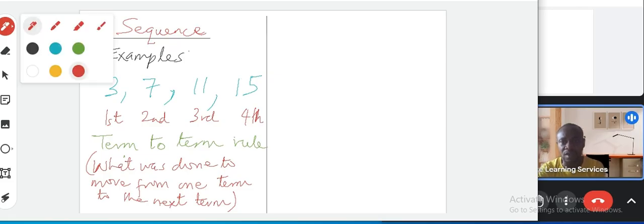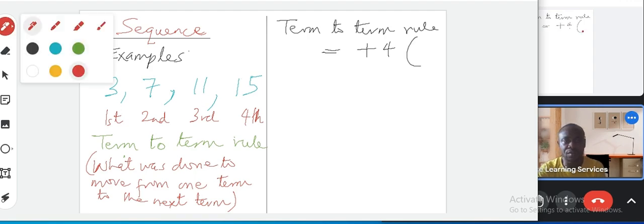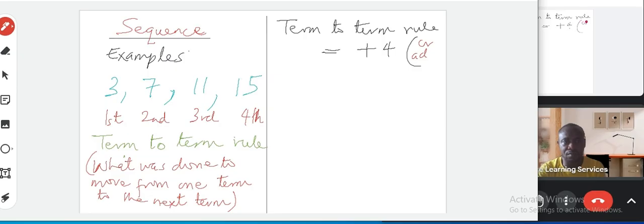So the term to term rule for that particular sequence is plus 4, or add 4.